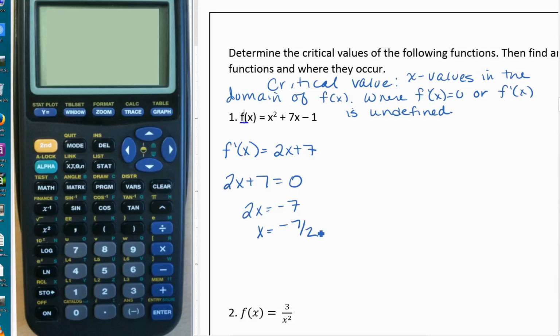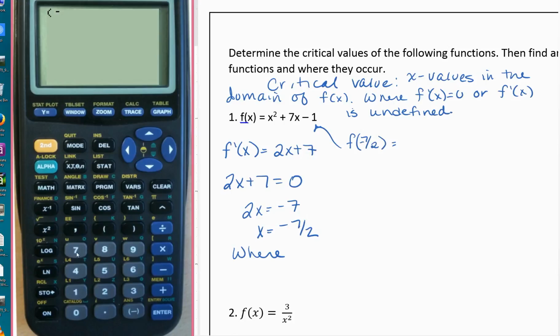Now, that gives you where we have a max or a min, but we don't know what that value is. To get the max or the min, we need to plug the value into our original function. So we want f of negative 7 halves. And I'll rely on my calculator.